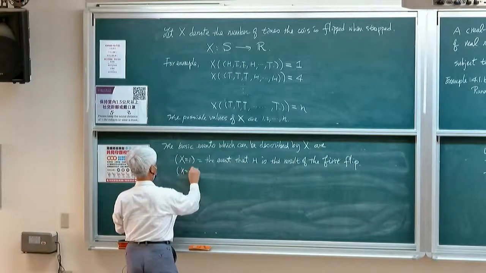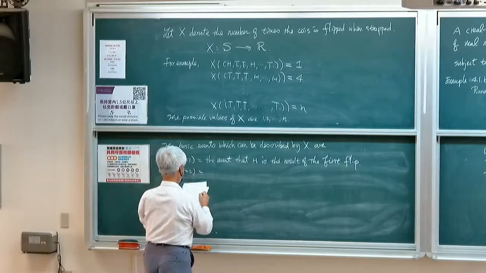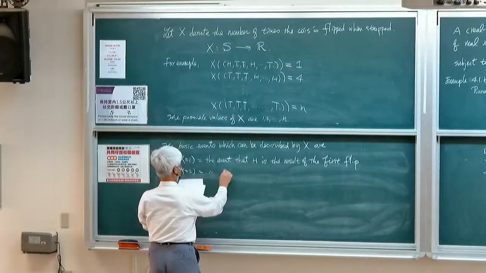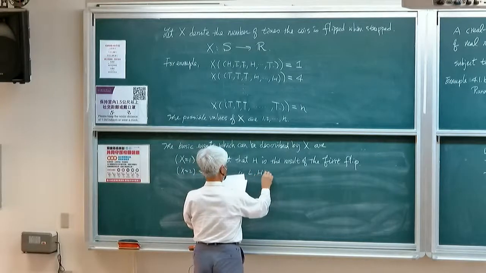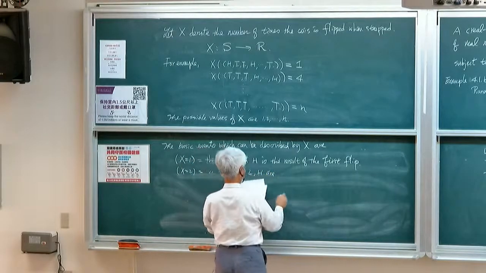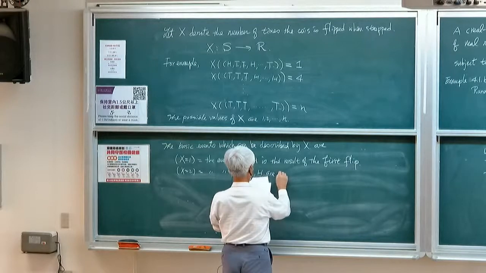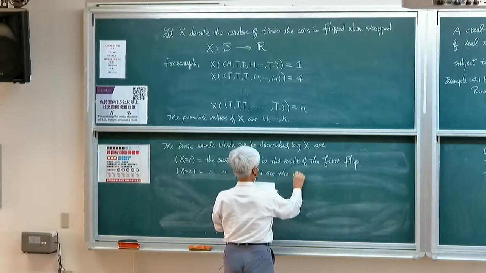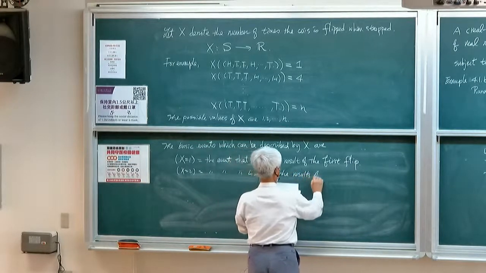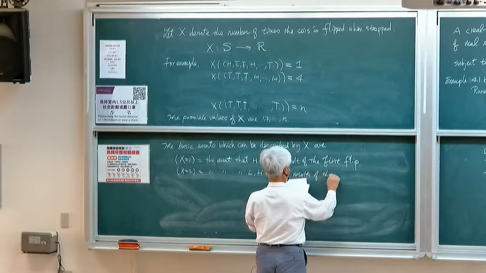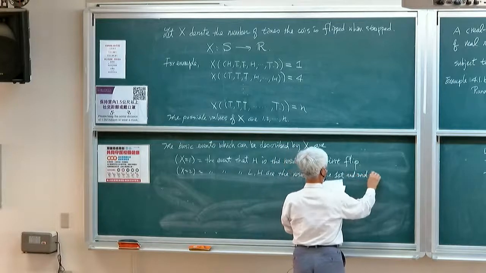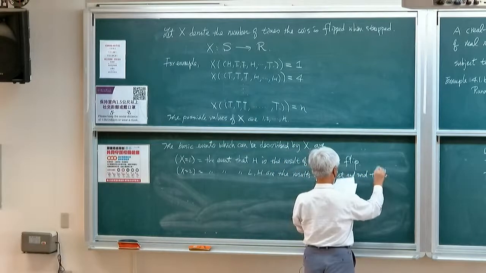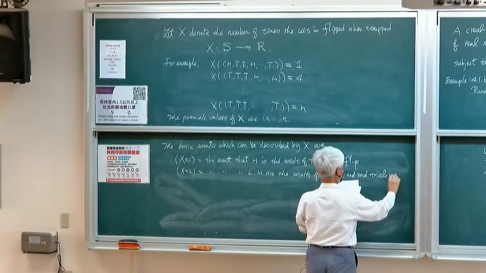X equal to 2 is the event that T, H are the results of the first and second trials, respectively.